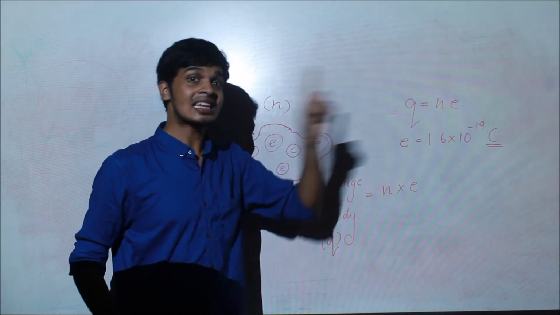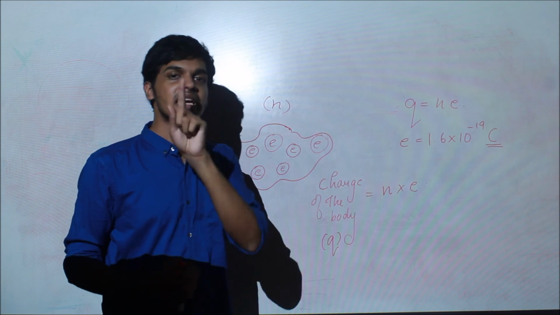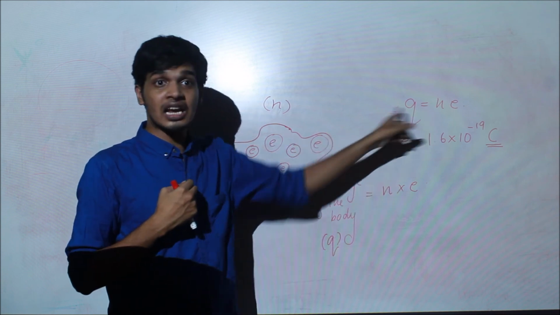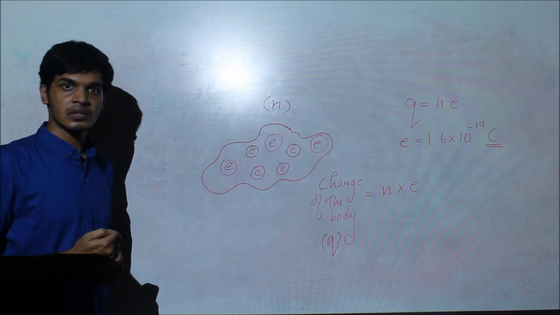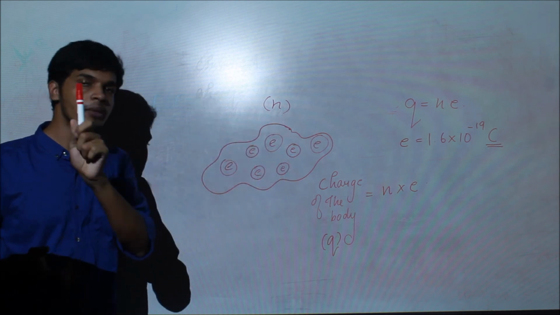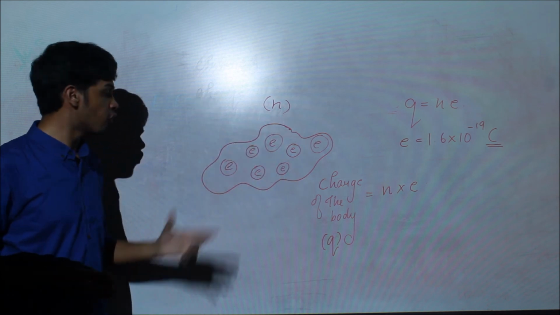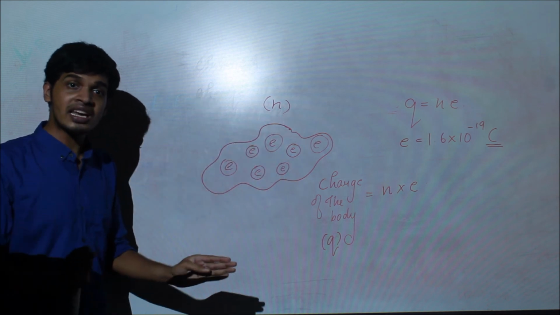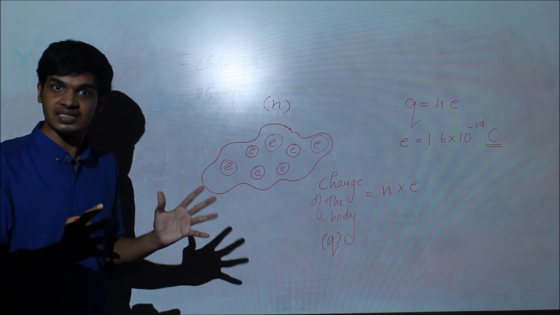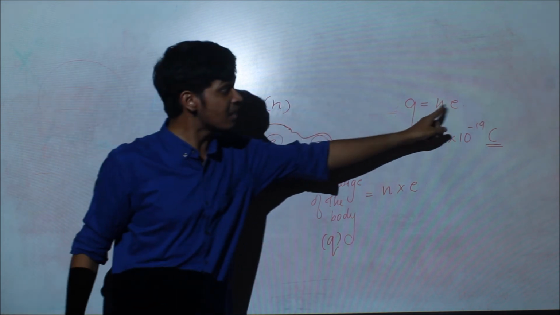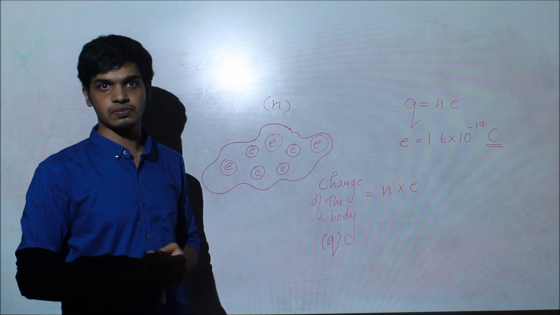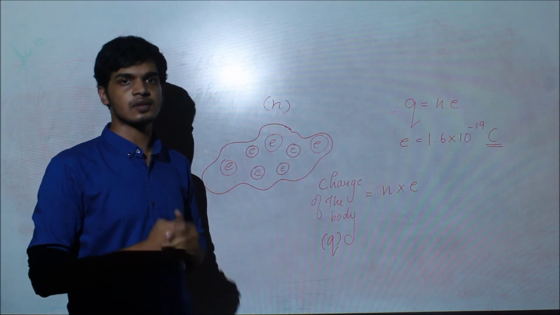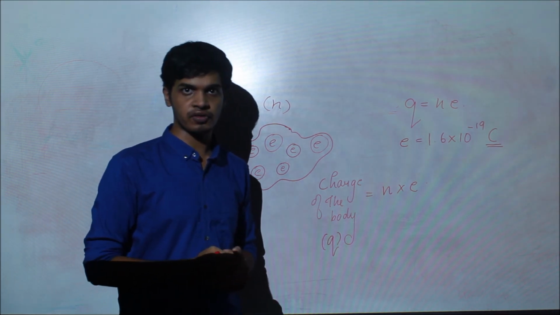N is an integer because it represents the number of electrons in the body, and therefore N cannot be a fraction. Therefore this body can only have those values of charges which are integral multiples of the electronic charge. This is called quantization of charges.